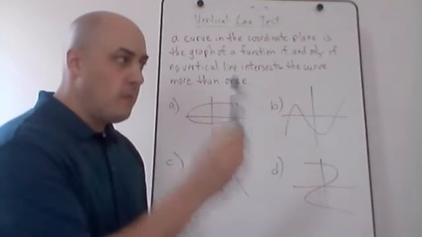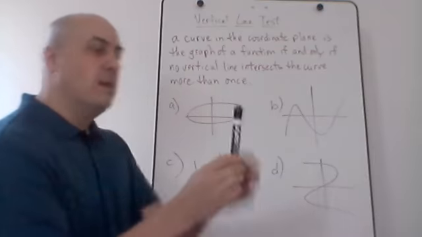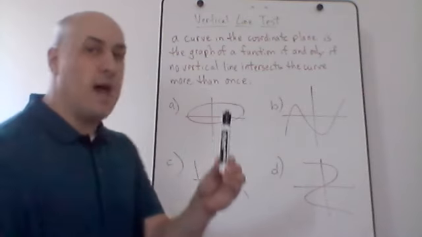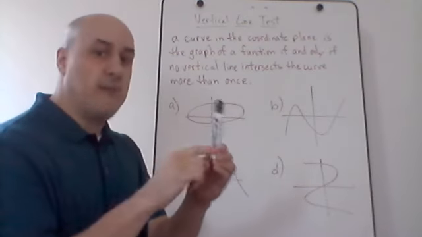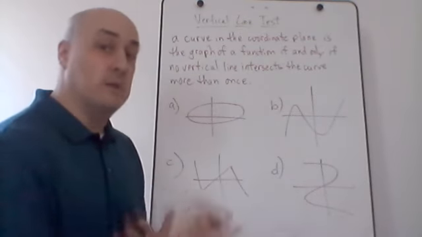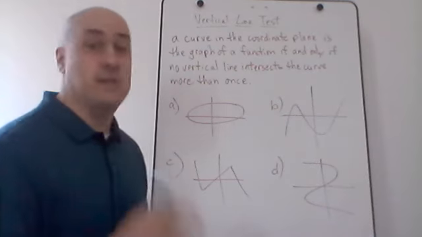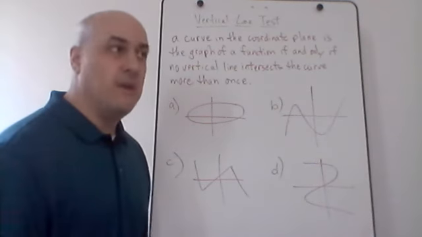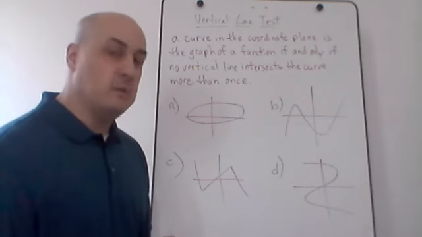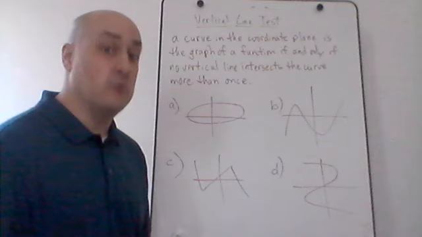So when you're looking at a graph, that vertical line is the single x value. If that x value hits the graph one time, then that means for that x value there's only one y value, which means there's only one output for that x value. And if you haven't watched the video I did on the definition of a function, for something to be a function, each input can only have one single output associated with it.